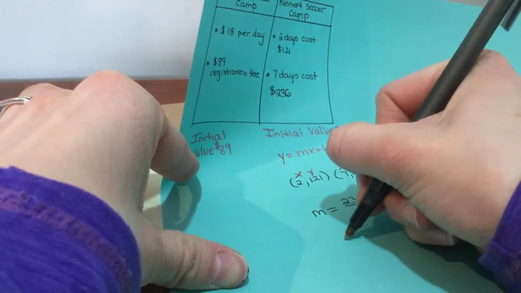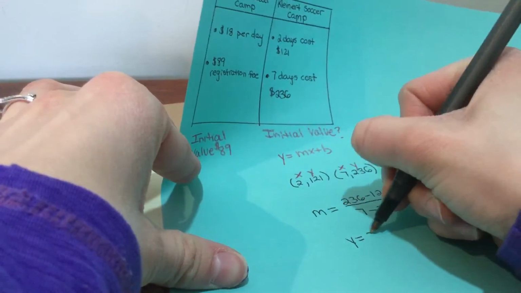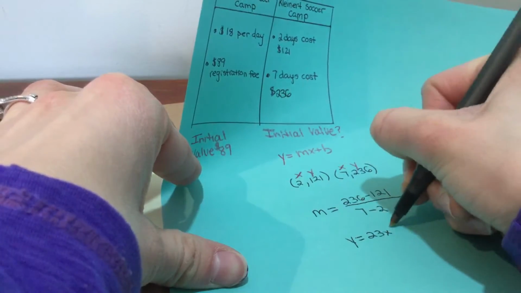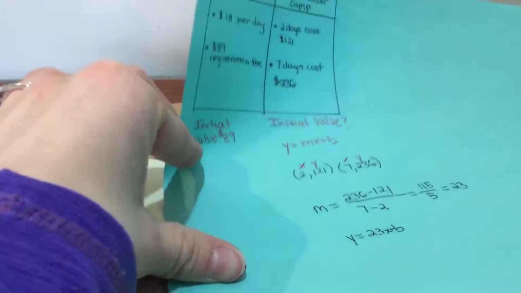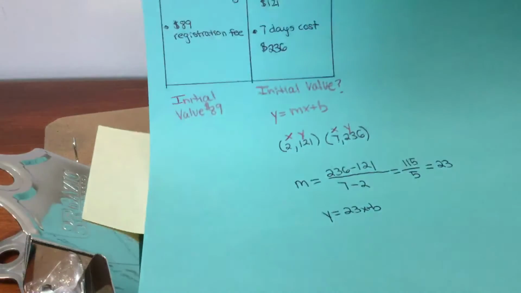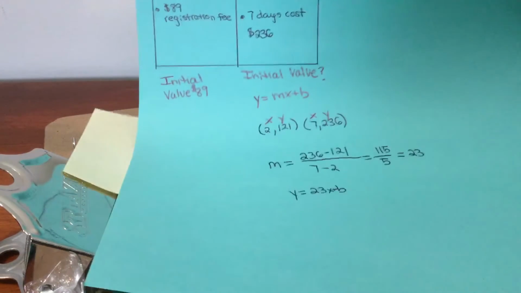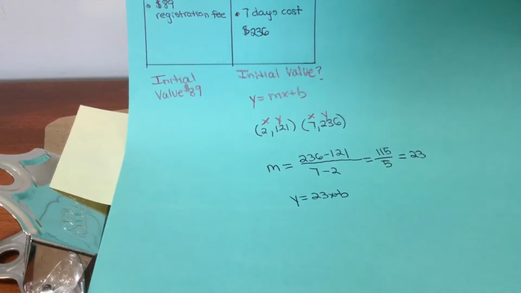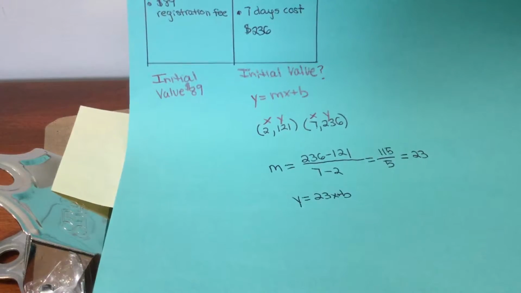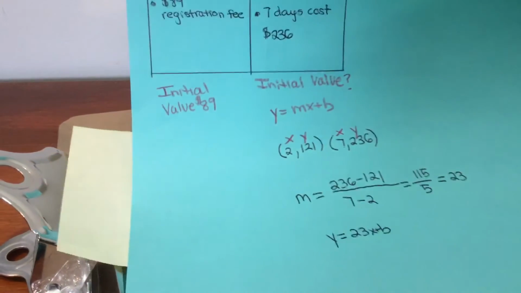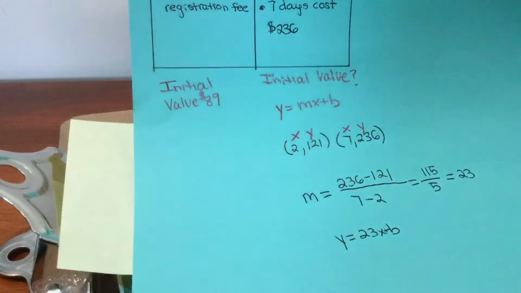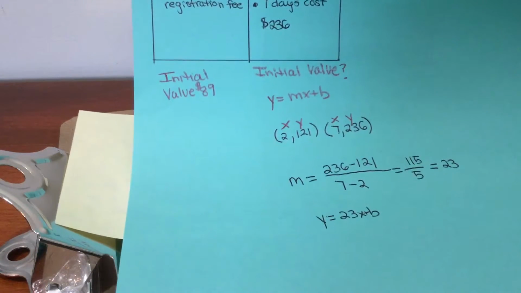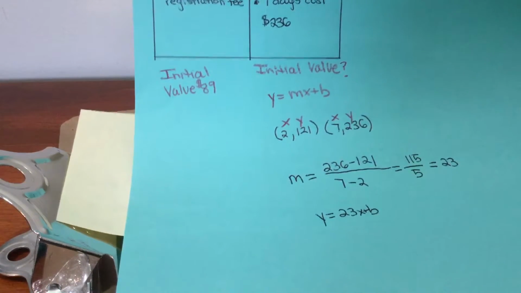So I have part of my y equals mx plus b equation, but I'm still missing my plus b. So what am I to do? Well, the handy thing is, again, I have 2 points up top here, so I can choose one of them to plug into my x and y.